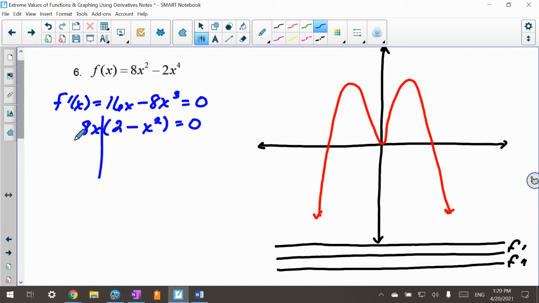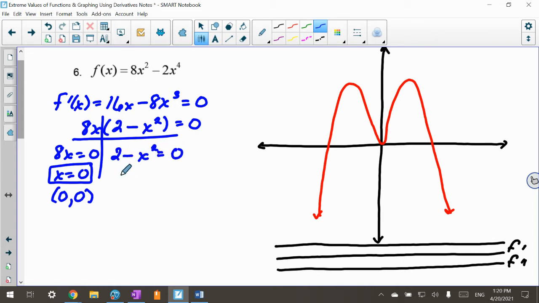Make my big T. So 8x equals 0, x equals 0, and we already found out that that was the point 0, 0. Then I got 2 minus x squared equals 0. X squared equals 2. Take the square root of both sides. X is going to equal plus or minus radical 2.